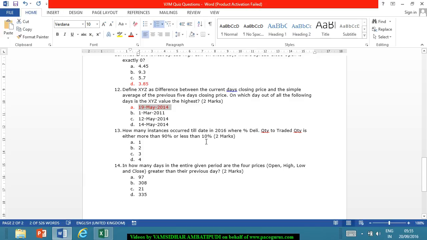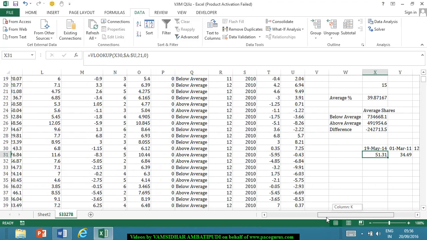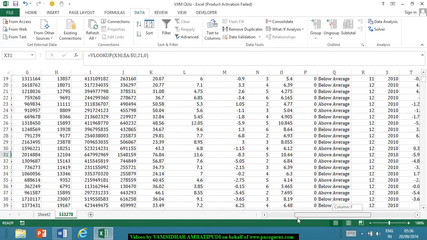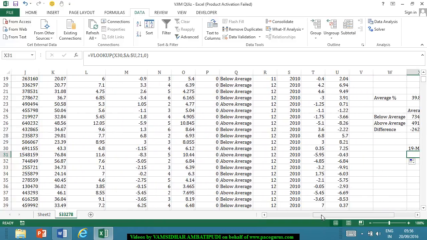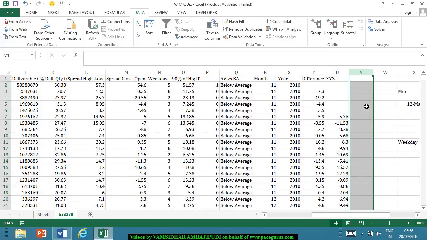How many instances occurred till date in 2016 where percentage delivery quantity to traded quantity is either more than 90% or less than 10%? Right, I can use again my OR statement.